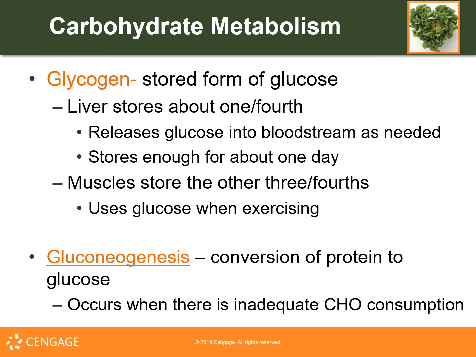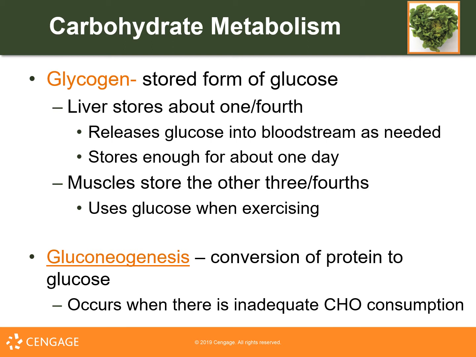Carbohydrate metabolism. The primary role of carbohydrate in the body is to provide the cells with glucose for energy. If you recall, glycogen is the stored form of glucose. Now, the liver stores about 1/4 of the body's glycogen, and muscles store the other 3/4.